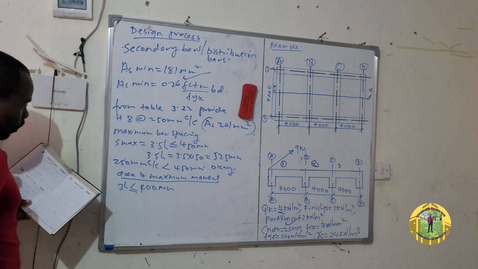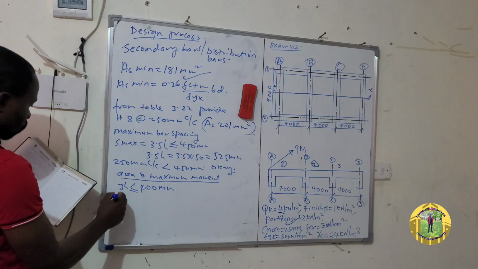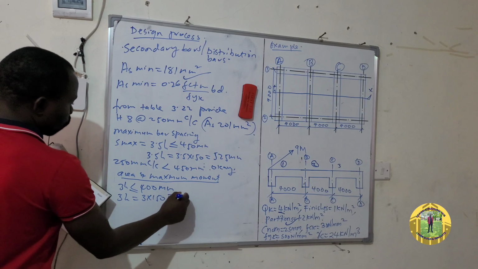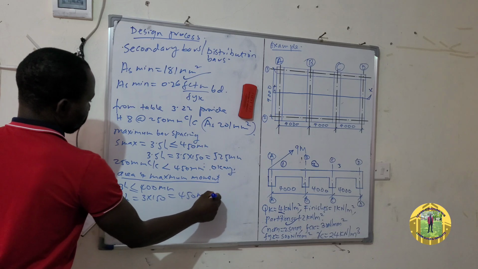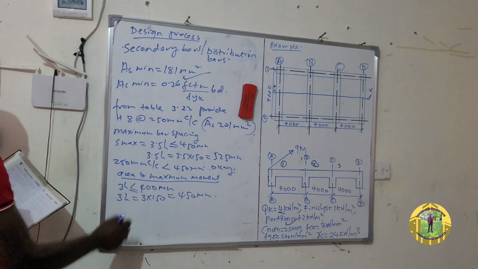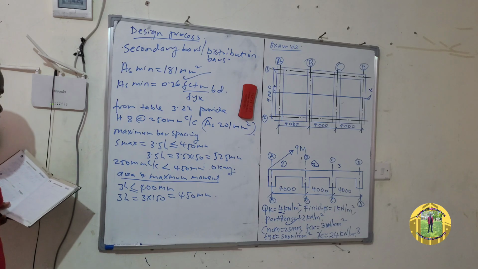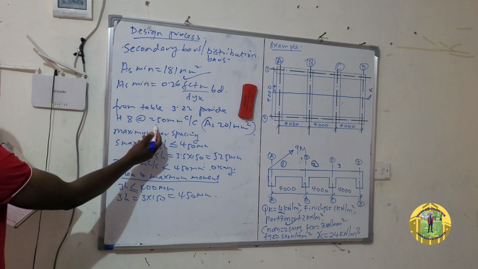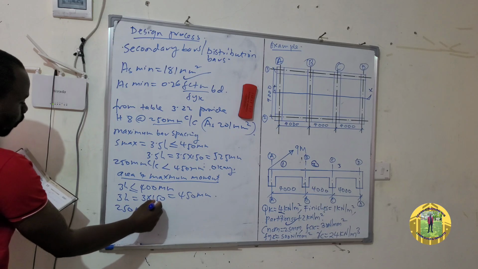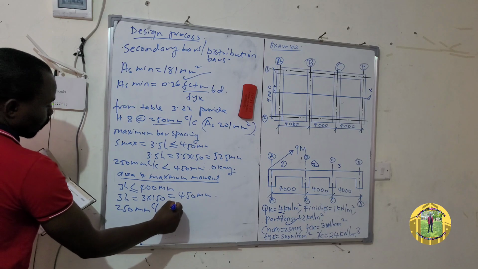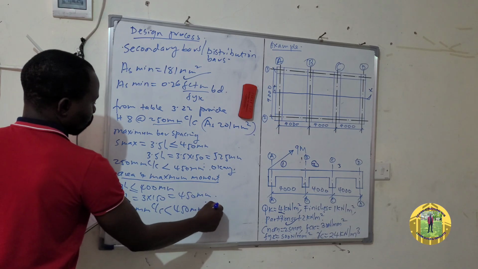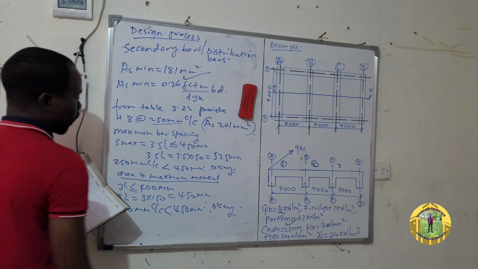So 3H is equal to 3 times 150, which is equal to 450 millimeters. So 450 is greater than 400, therefore 400 will be our maximum. And 250 millimeter center to center is less than 400 millimeters. Therefore, okay.